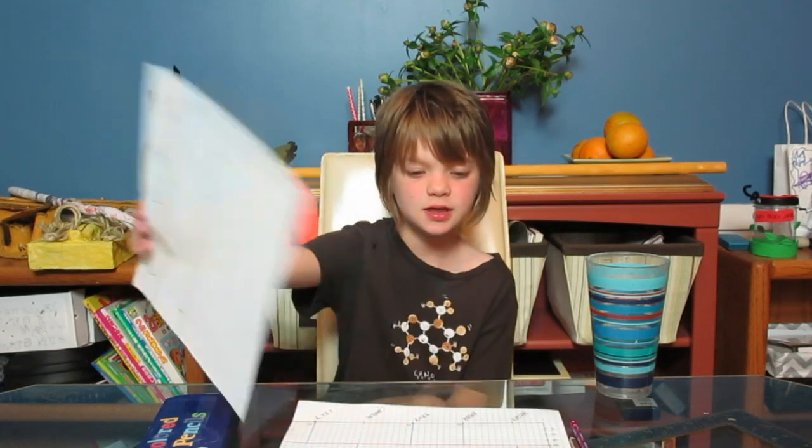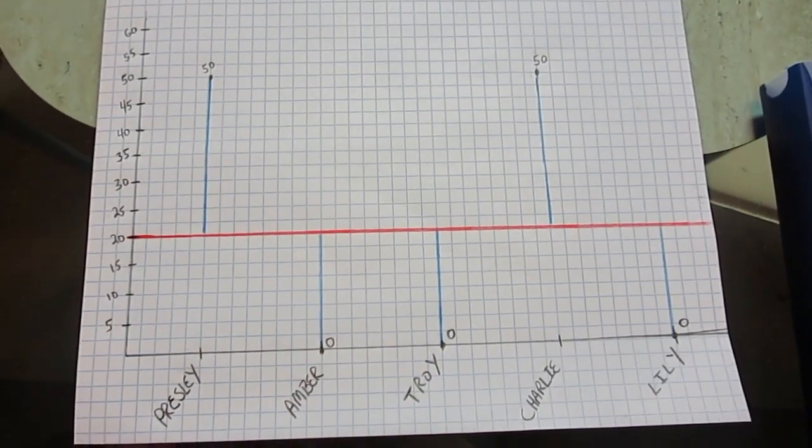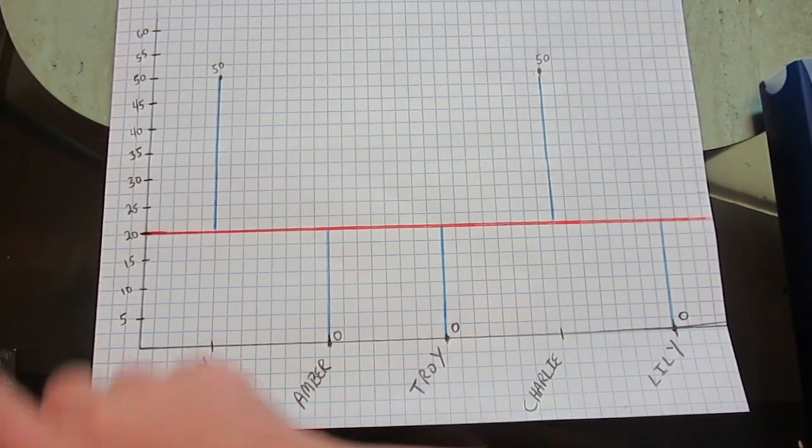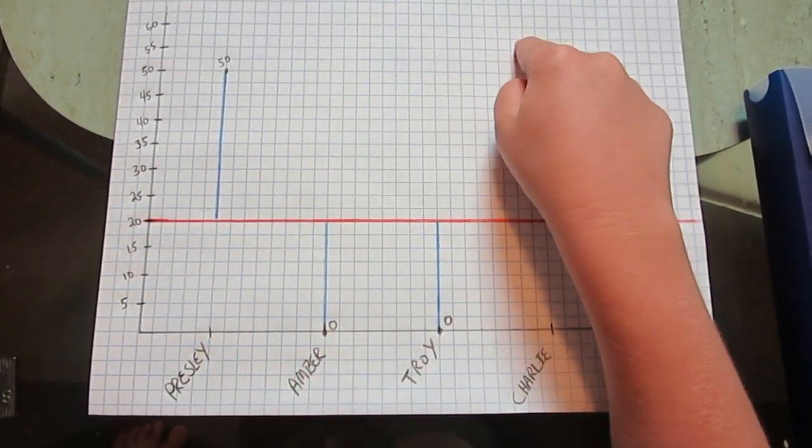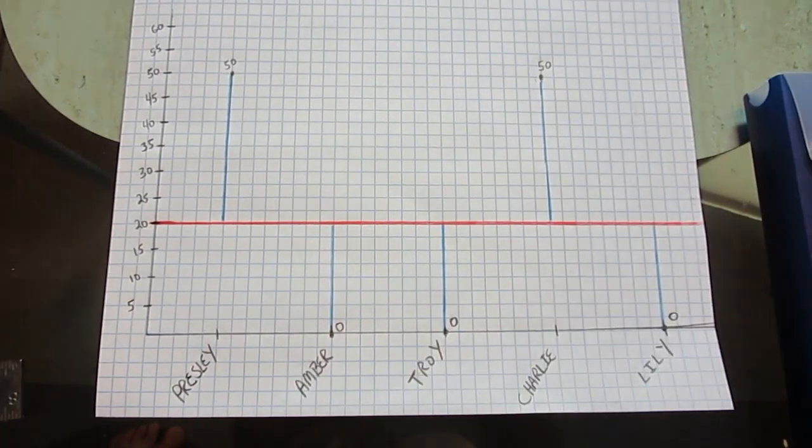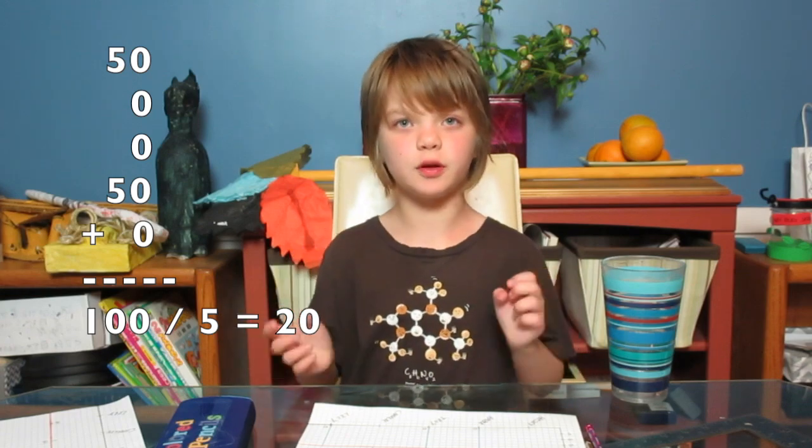So let's look at another example. Same friends, but people have different amounts. I have 50, Charlie has 50, and everyone else has 0. You can still calculate the mean by adding together all the Pokemon and dividing by 5. So when you add them together, you get 100 again, and you divide by 5, you get 20 yet again.